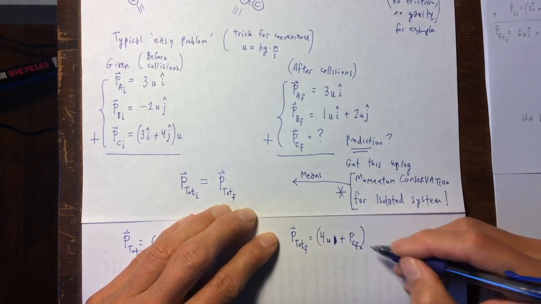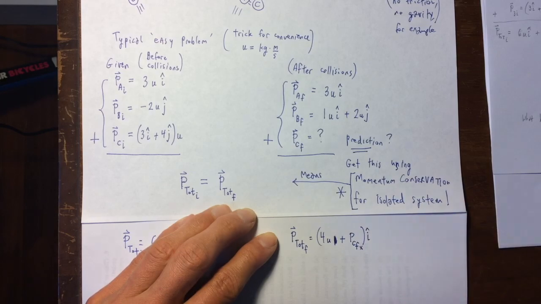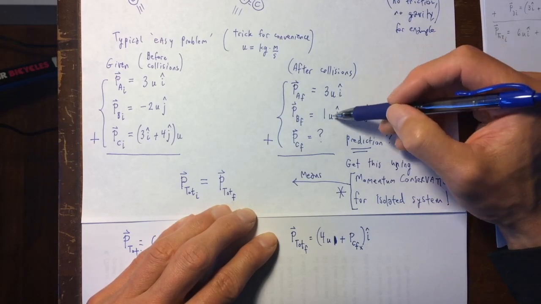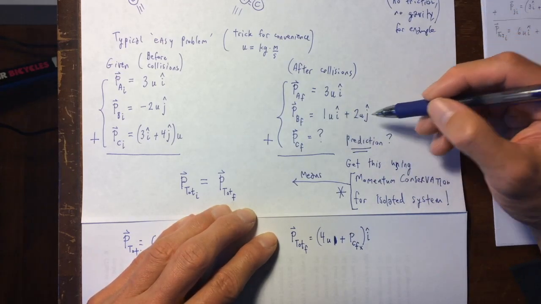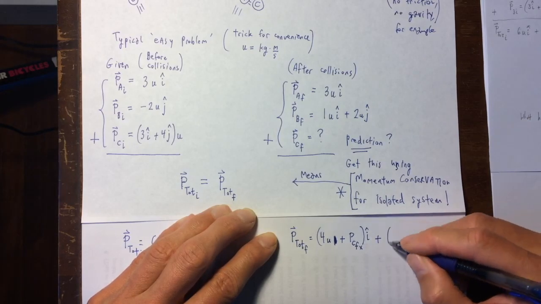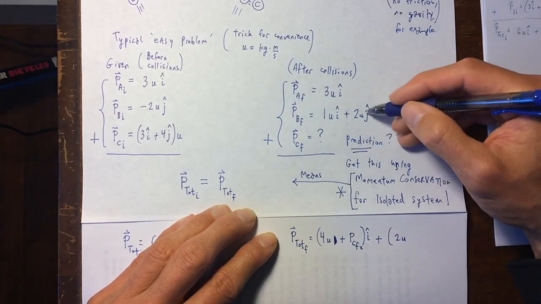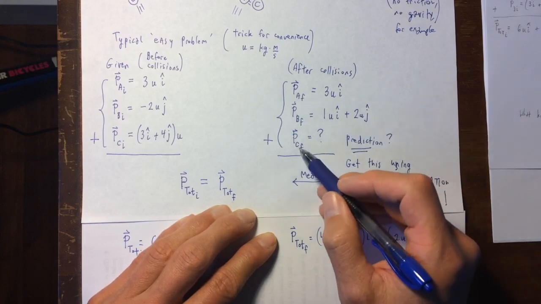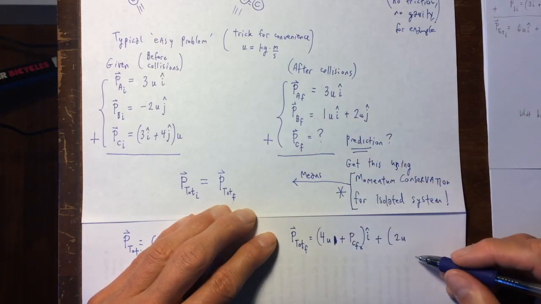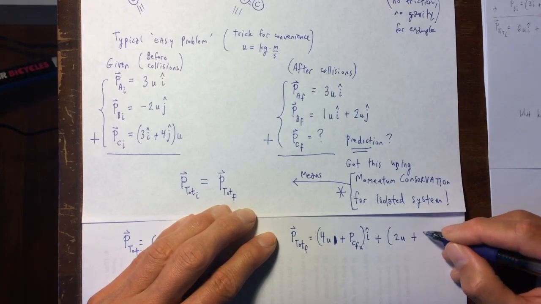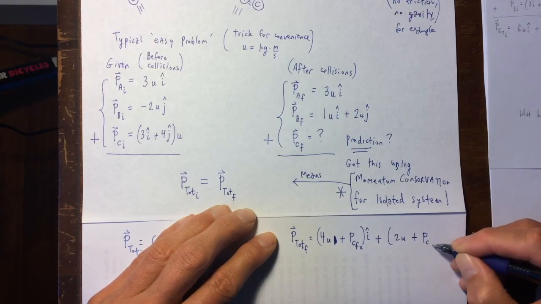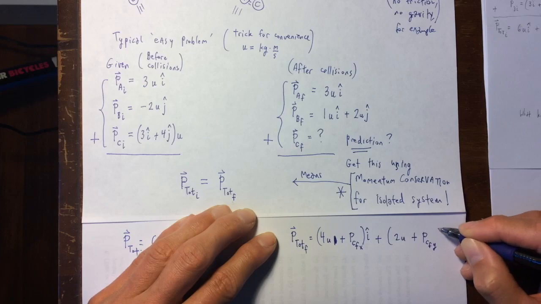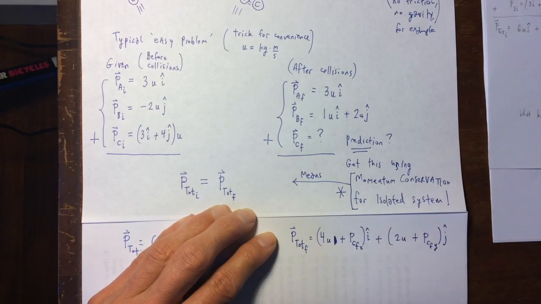Look at all of those subscripts, all in the i hat. That's i hat stuff. And then there's a j hat part. So this is 2 units of momentum in the j hat plus an unknown object c final y direction momentum. So I'll put plus p sub c final y direction j hat.